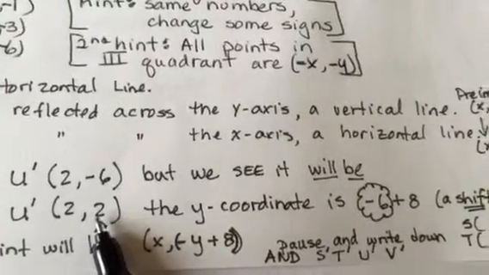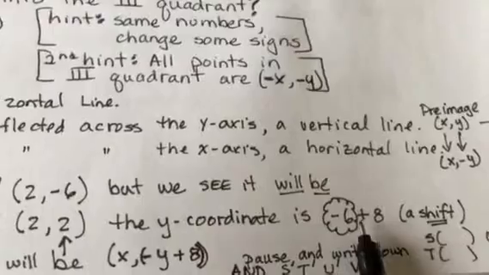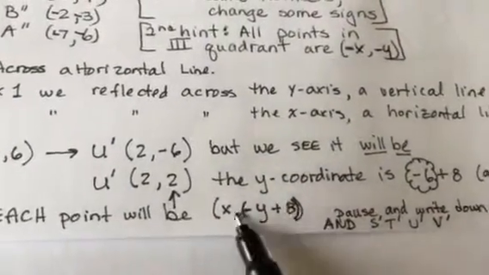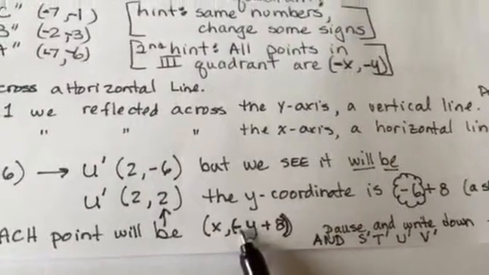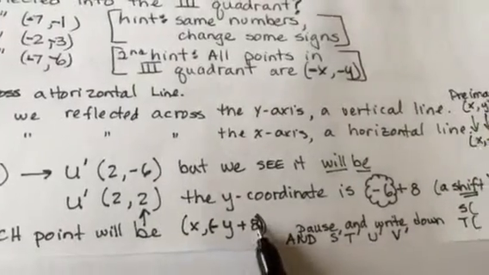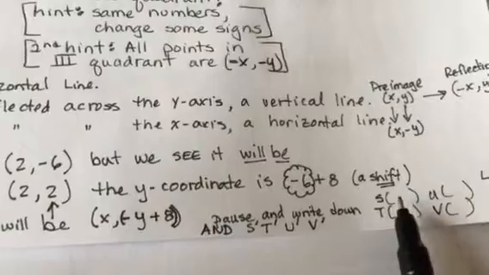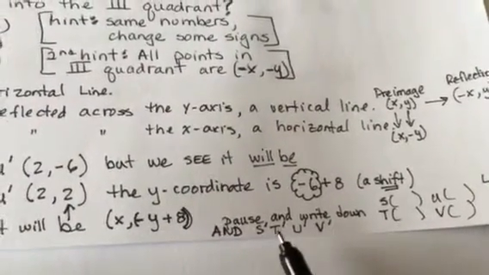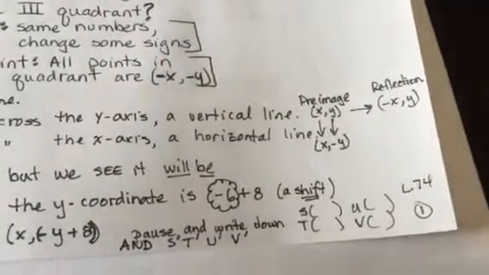That's where we see that it's going to be. Well, if we say minus 6, we're going to shift it plus 8. So each point will keep its same x coordinate, no change, and the second one will be the negative of the pre-image plus 8. So please pause and write down the coordinates for S, T, U, and V, and S prime, T prime, U prime, and V prime.